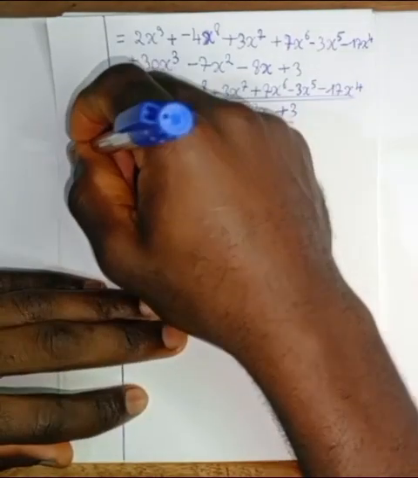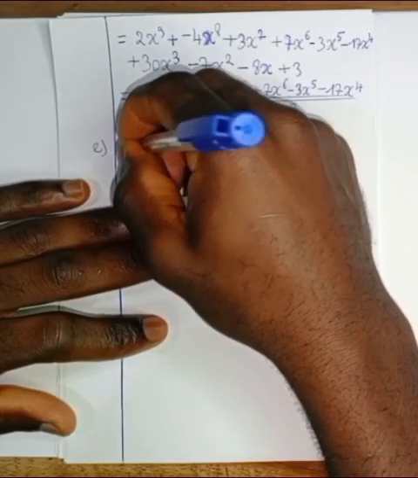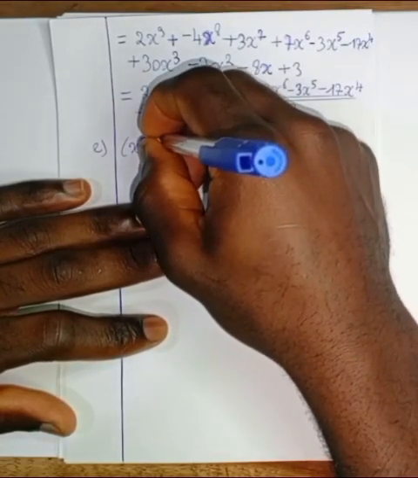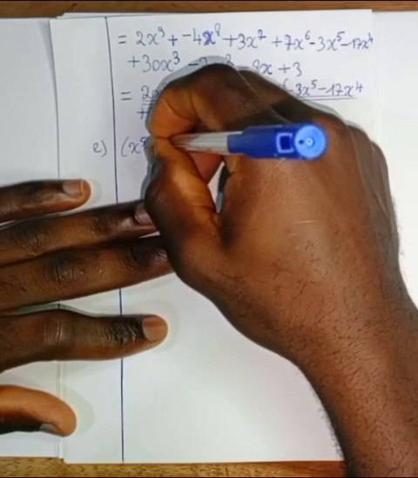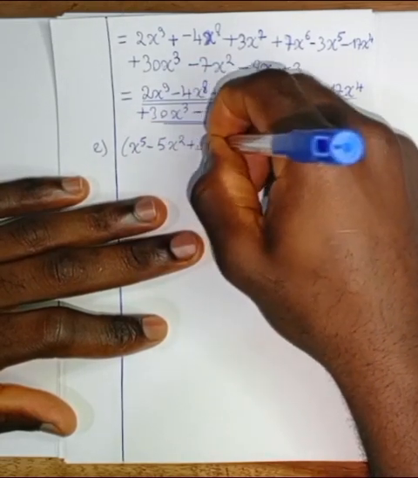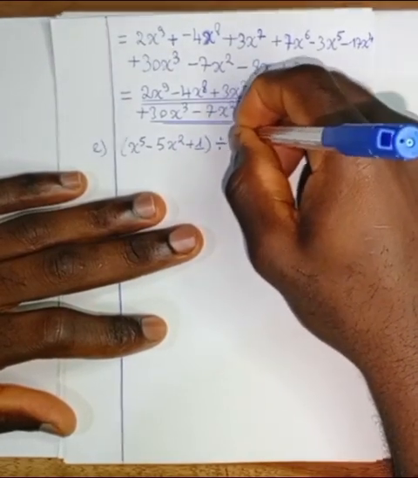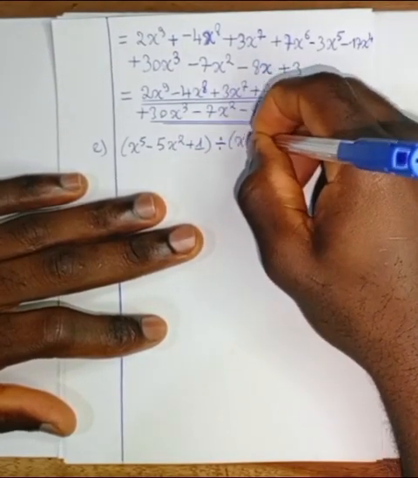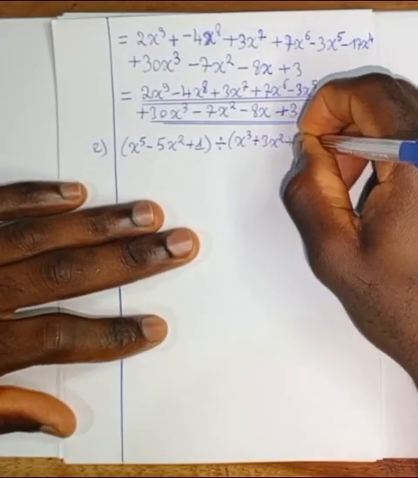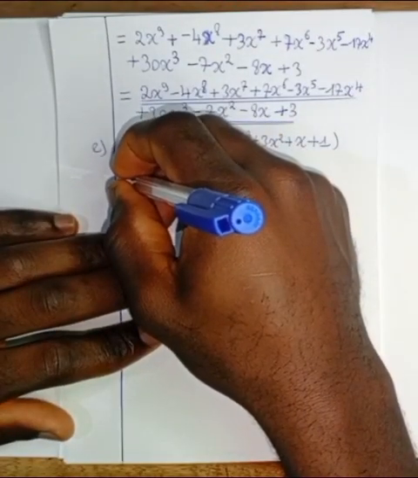We move now to question E. For question E, we have to divide x to the power 5 minus 5x squared plus 1 by x cubed plus 3x squared plus x plus 1. We are going to make use of the method of long division.